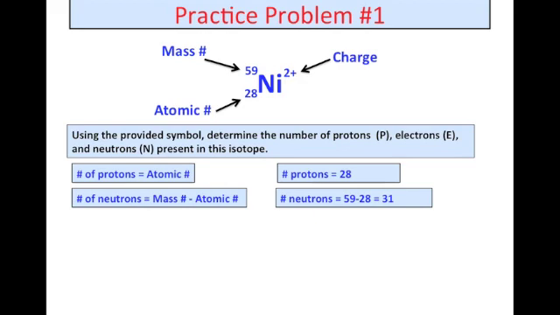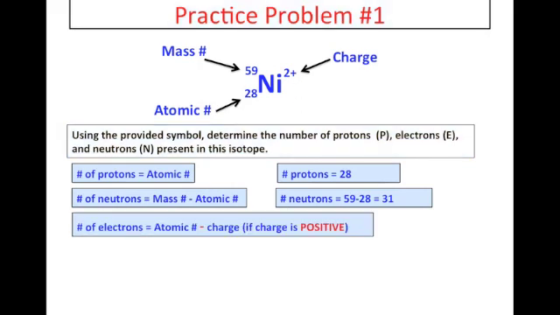Next, we need to determine the number of electrons. Because we have a charge, we know the number of electrons is not the same as the number of protons. Now, because we have a charge, we know it's an ion. To determine the number of electrons, you're going to have to do one of two equations.